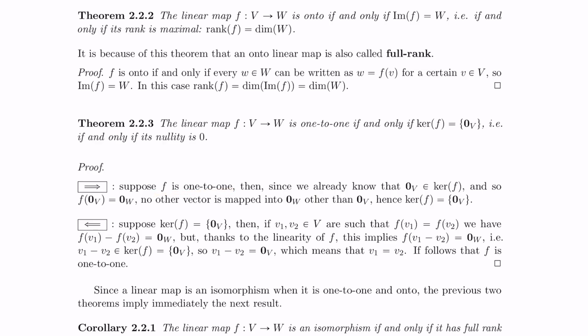This means that the only vector of V that is nullified by the action of f is the null vector of V. So the kernel of f is reduced to the null vector of V.